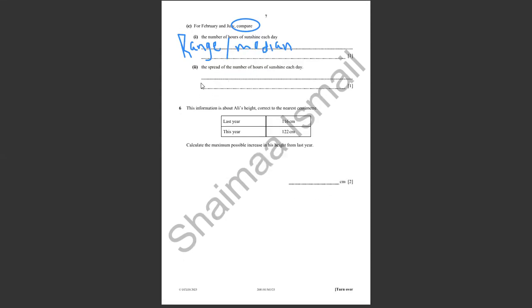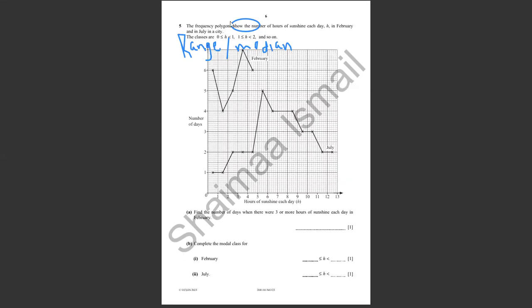So here in February, we can say the most repeated was 3.5 hours. But in July, the most repeated was 5 to 6 hours. It's clear that the mode in July is greater than in February. It's logically right.